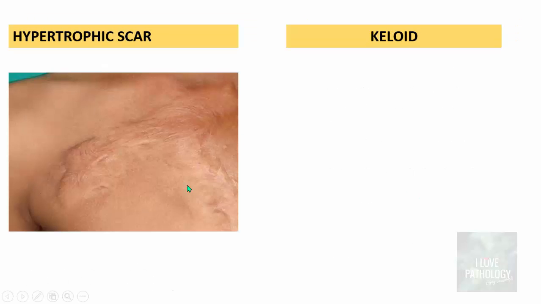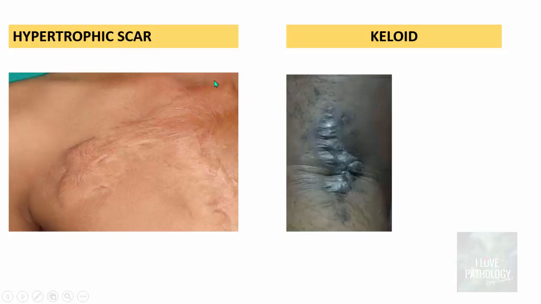So this is hypertrophic scar after a burn injury. Look at this. It's a raised scar. Normally, there will be some amount of contracture, right? Whereas in this case, because of excessive deposition of collagen, the scar is raised, but it is confined within the boundaries of the given wound. Look at this keloid.